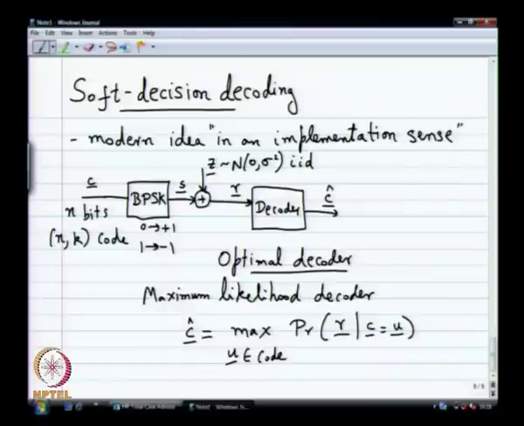I am writing probability, but clearly R is a continuous variable, so obviously it will be some PDF. I am simply writing probabilities to avoid clumsy notation. Whenever you have a continuous distribution, interpret P as a PDF.